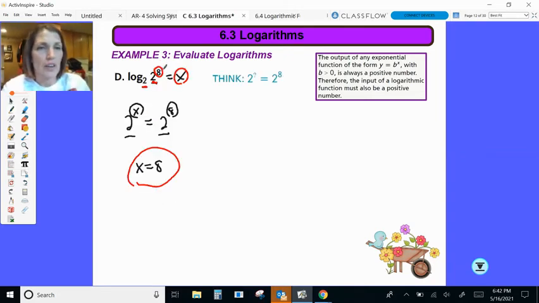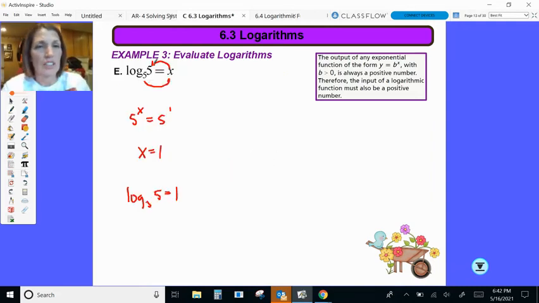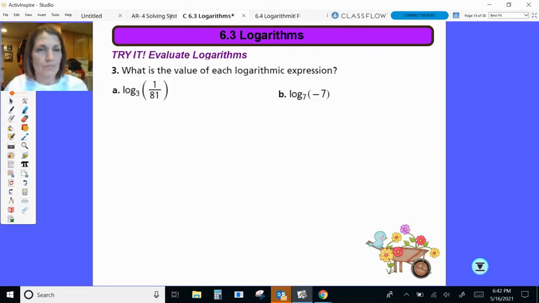Back here, it was a power of 8 with the same base, so log base 2 of 2 to the 8th power just equaled 8, that same exponent. This is the same thing, it just equals that power of 1. So watch for that when you have the same base.